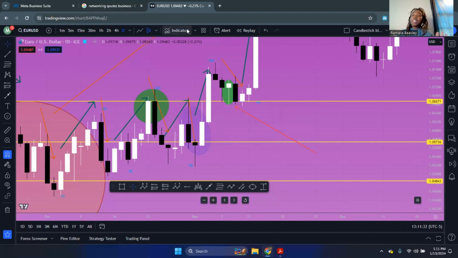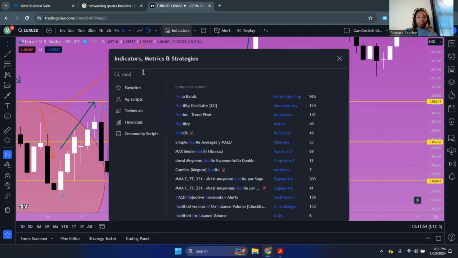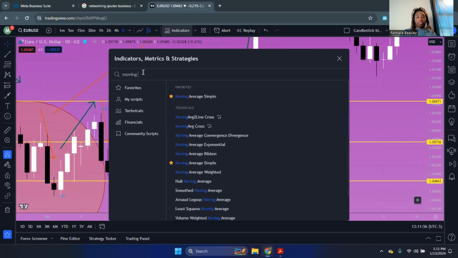All right, so how to get this 21 moving average? We're going to go to indicators. It's going to be on the top toolbar inside of your TradingView. Says indicators. Once you go to indicators, you want to search moving average.